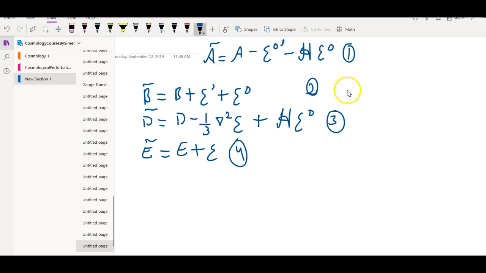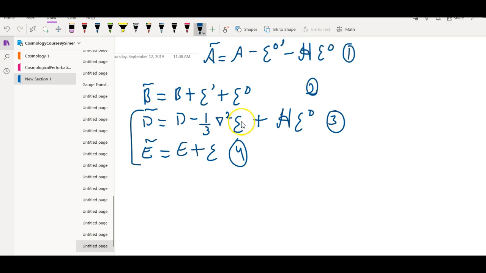Now I have xi 0 here. I can eliminate xi from these two.